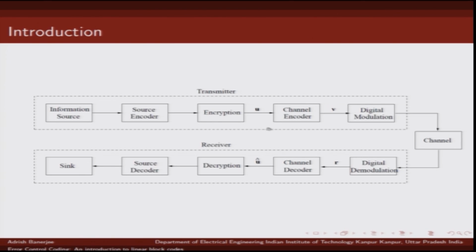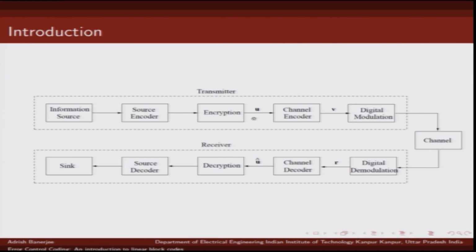the next block, which is of our interest here in this course, is what is known as the channel encoder. It takes as input information bits and gives us as output the coded bits.